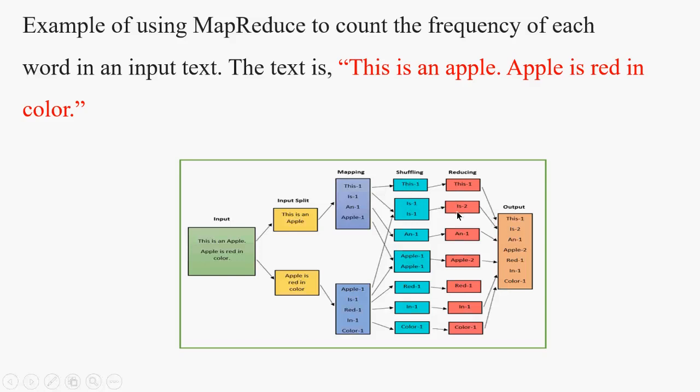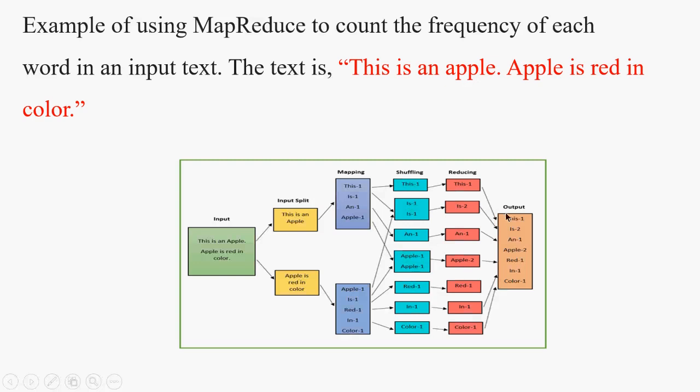I'm giving the shuffled output to a reducer. The reducer will always try to summarize or reduce your output. You can see this one happened twice, so it's is 2, apple 2, red once, in once, and color once. This part could be done either in this way, or you can directly sort it here: apple 1, then color 1, then in 1, then is 2, and so on.